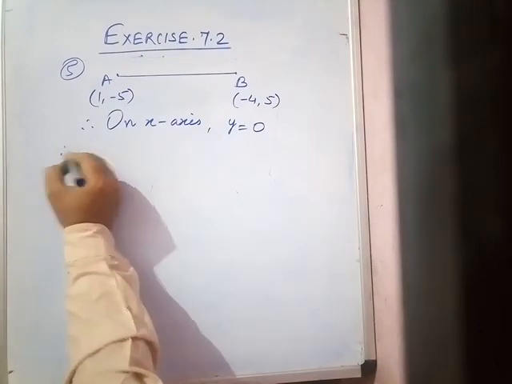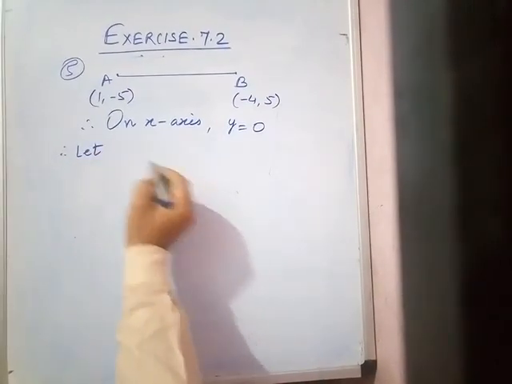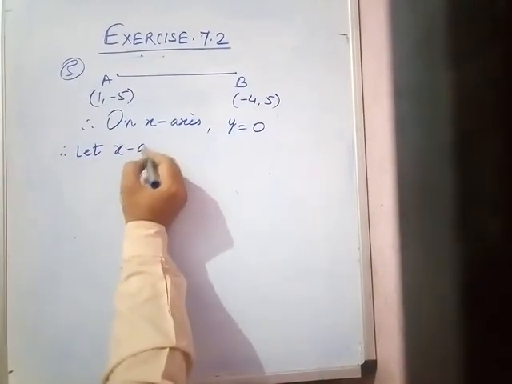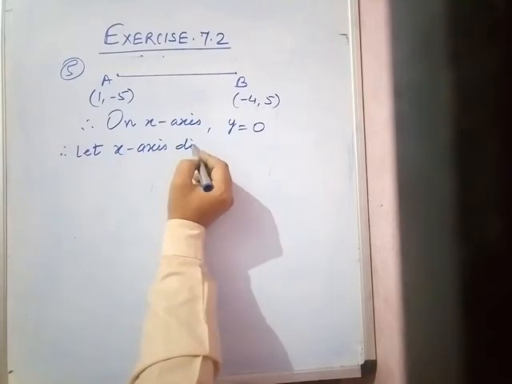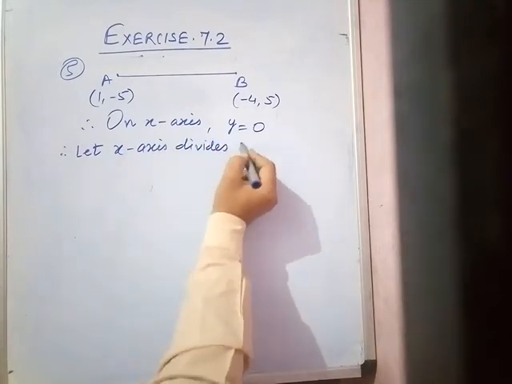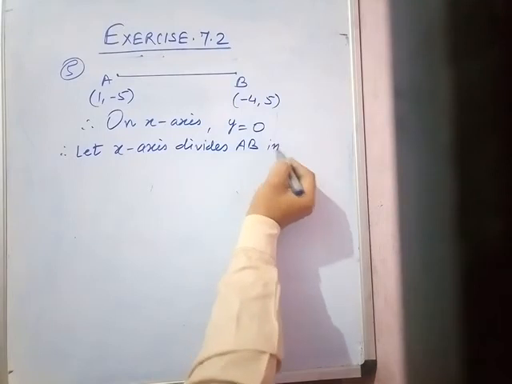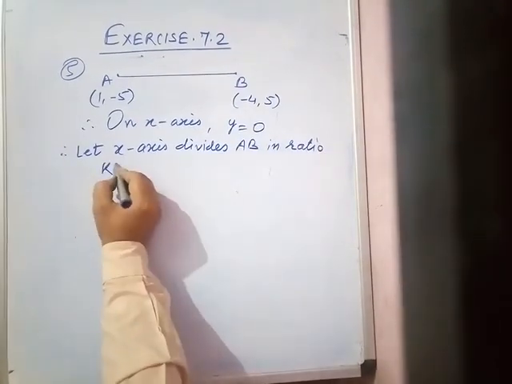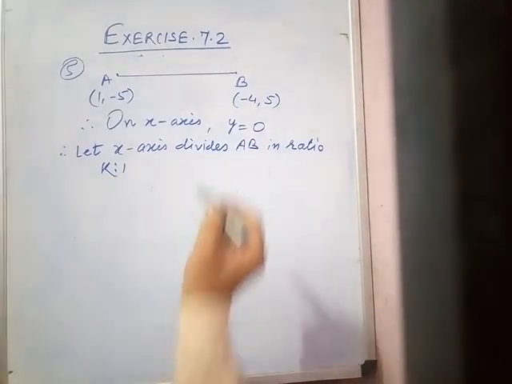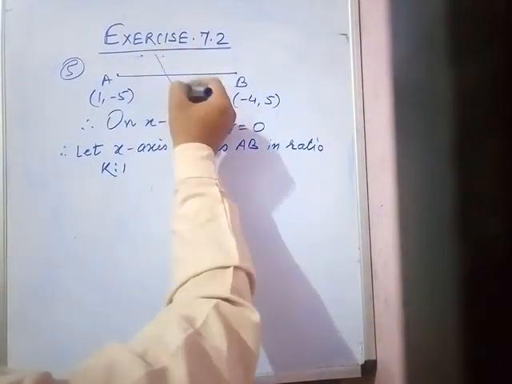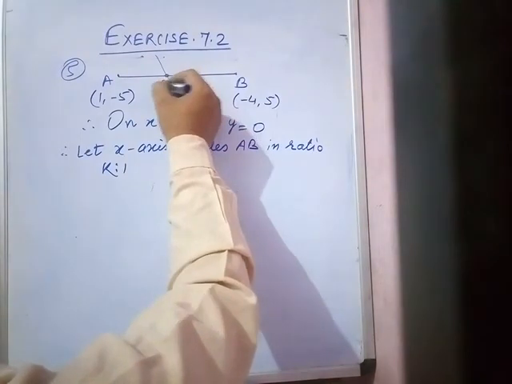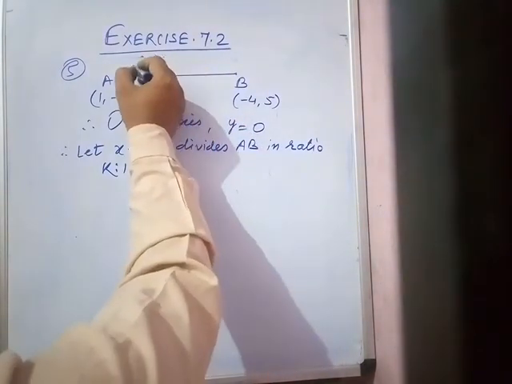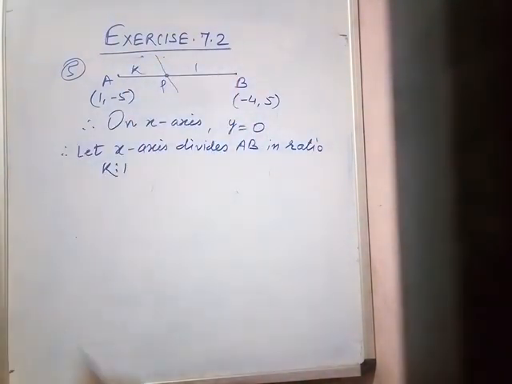So let the x-axis divide AB in ratio k:1. Let the x-axis pass through this point, and here k:1.